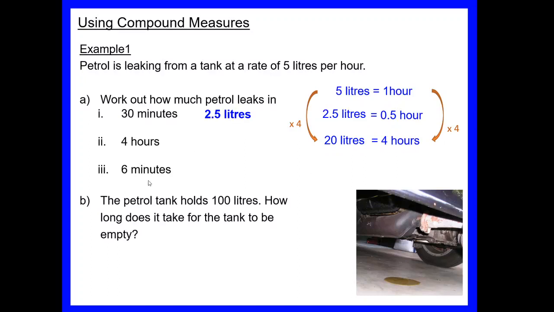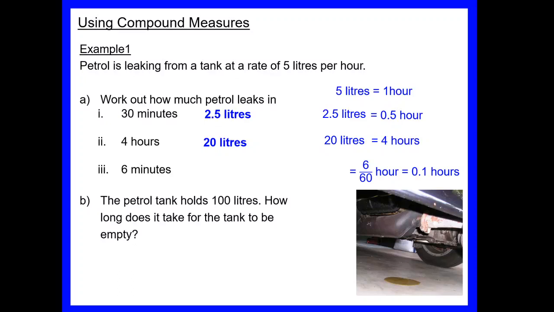Finally, we're going to have a look at 6 minutes. We're using hours, so our first step is to change 6 minutes into hours. Remember we said at the start, to change minutes into hours, it's the number of minutes divided by 60. So 6 divided by 60 is how many hours, and if we put that in our calculator, that's 0.1 hours. Now we've got to get from 1 to 0.1. 0.1 is smaller, so we're going to divide, and we have to work out what to divide by.